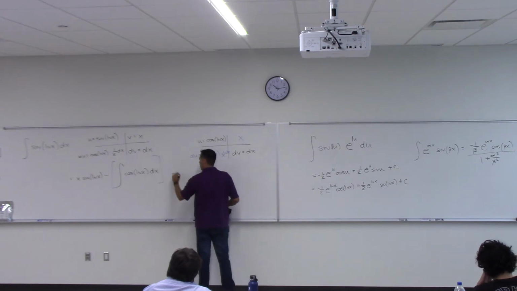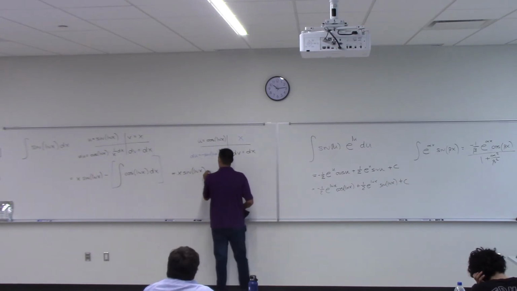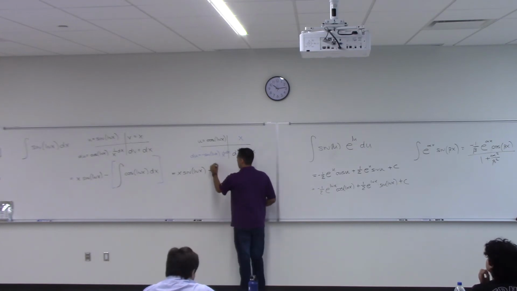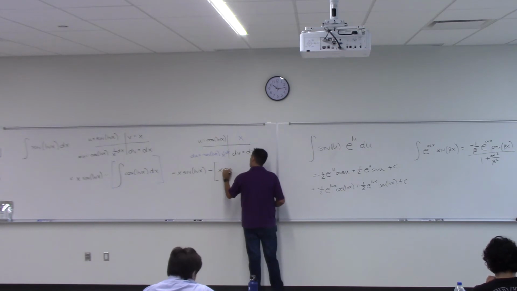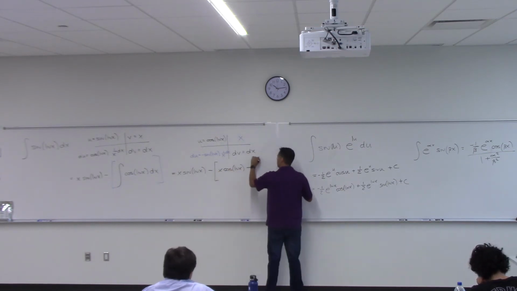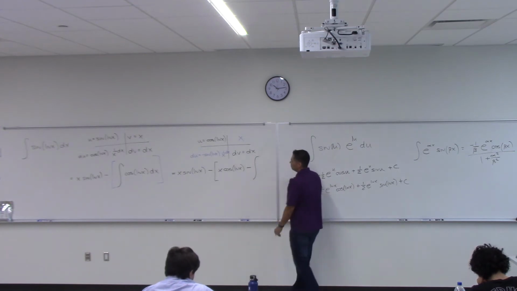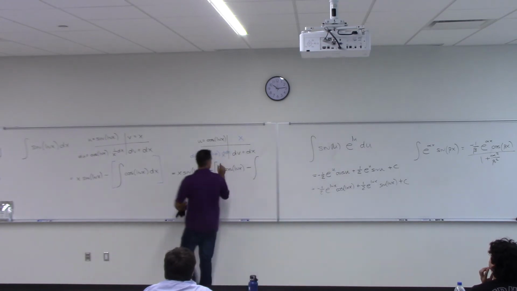So this is x sine natural log x minus uv, x cosine natural log x, minus integral, wait a minute, hold on, minus plus, okay, I almost messed this up.